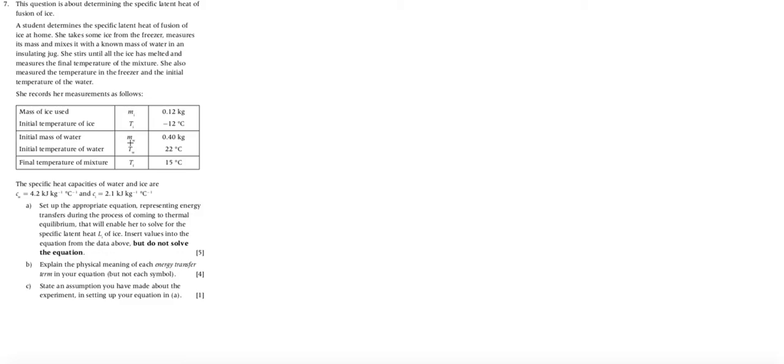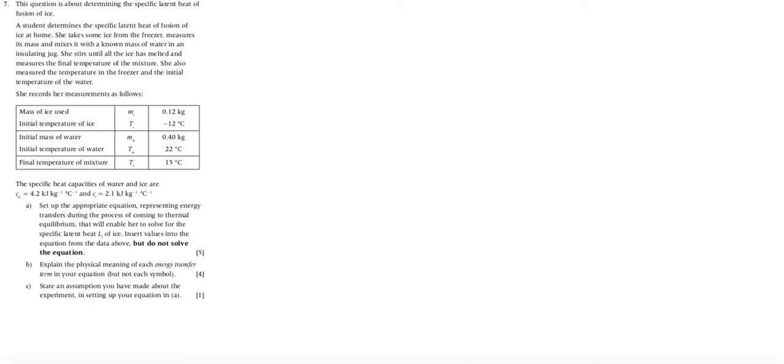Okay, so let's look. We have nothing about this jug, so we can assume that the jug doesn't take energy from the system, since it is written insulating jug. So we have classical heat transfer.